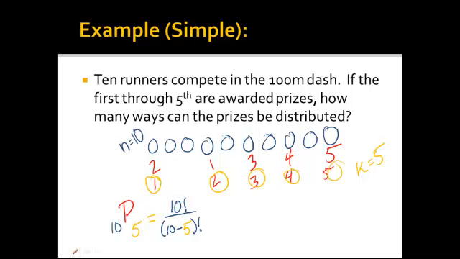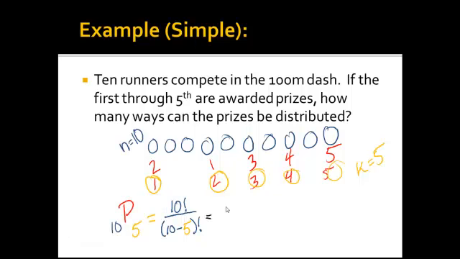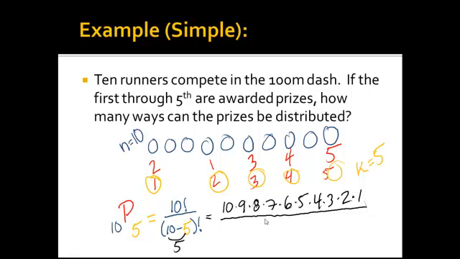Now I just solve it. The way I'm going to do this is write this out the long way. It takes a little bit of time, but the hardest part of these problems really is writing it. 10 minus 5 is 5, so I do 5 factorial.